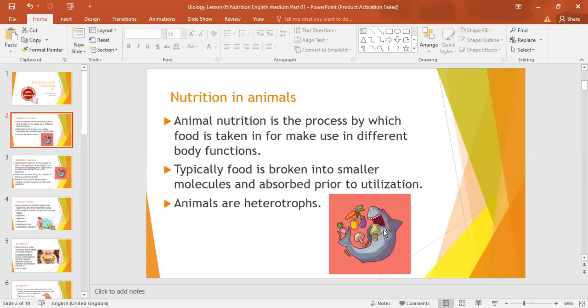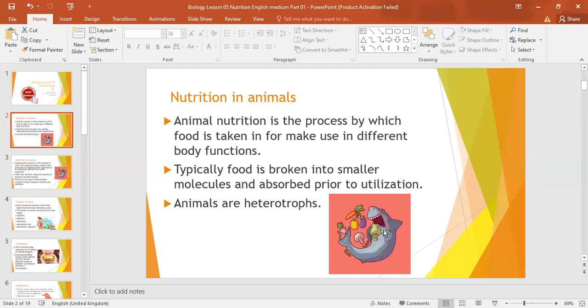But other than our nutrition methods, so many nutrition methods can be seen in the animal world. We will discuss what they are. When we take food, imagine it is a bread, it is broken into smaller particles.